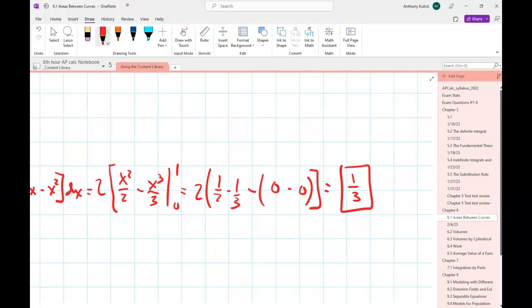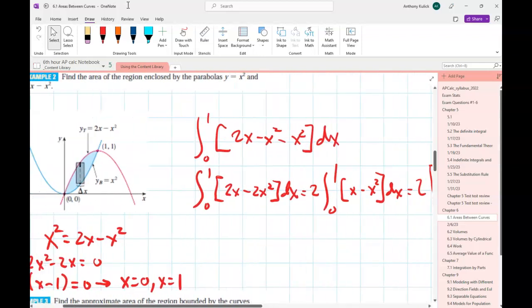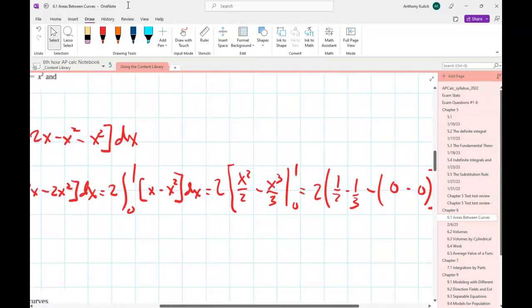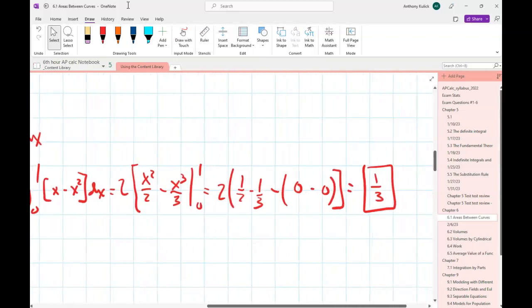Okay. Why does the x squared become negative? Sorry, the y equals x squared, why does it become negative? Because it's f of x minus g of x. Oh, so just the formula, right? Yeah, sorry, I used x squared as my f of x. Ah, yep. So the top has to be f of x.